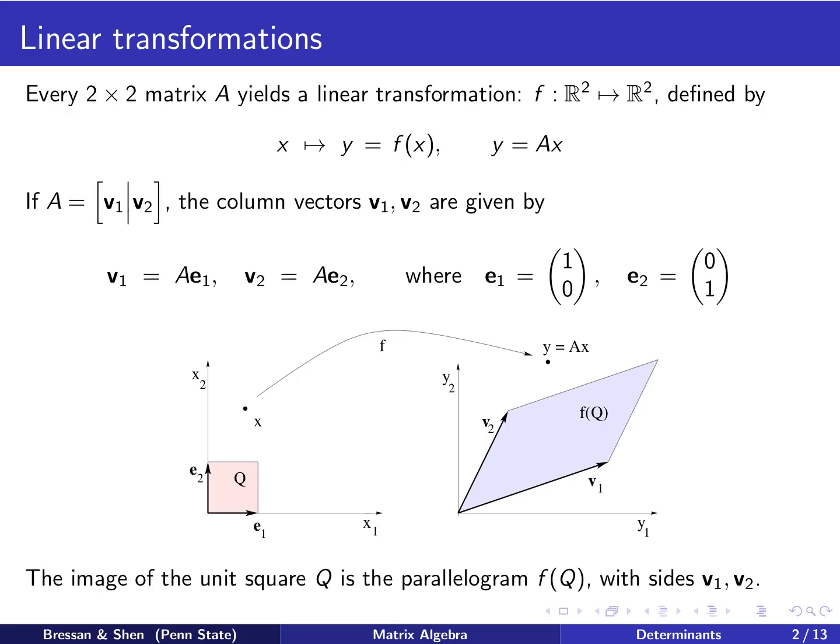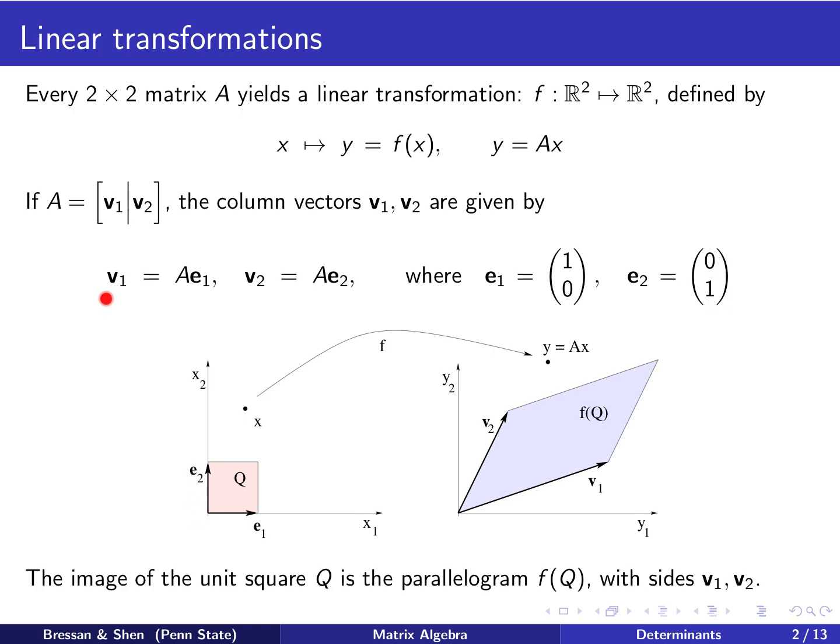Now let's consider the A matrix in this form, where we write V1 and V2 as the two column vectors. And then we know that these two vectors, V1 and V2, would be the linear transformation of the unit vectors, which we call E1 and E2. So E1 will be 1, 0, which is here, and E2 is 0, 1, which will be the unit vector here.